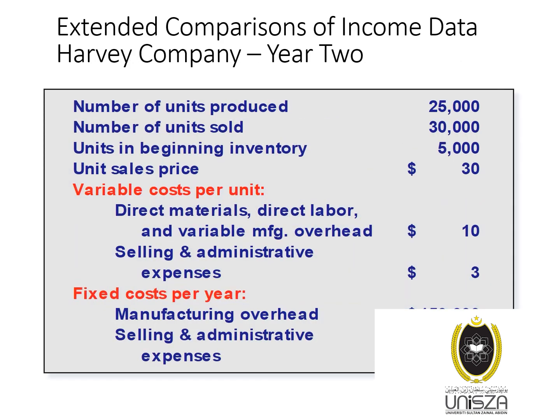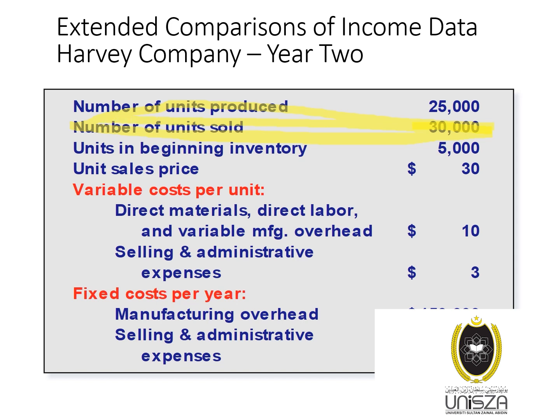Now, extending the comparison of income data for the company, using the same company but for year 2. For year 2, units produced are 25,000 and units sold are 30,000. So this is the number of units sold during year 2, 30,000.